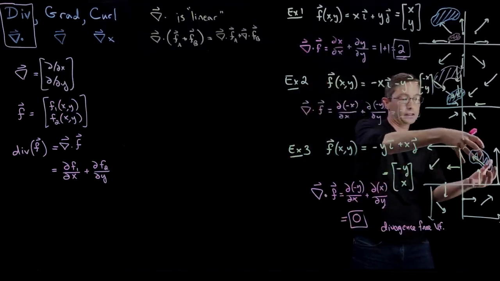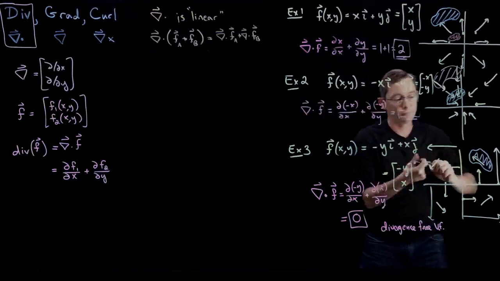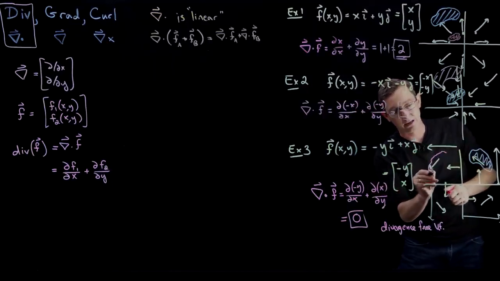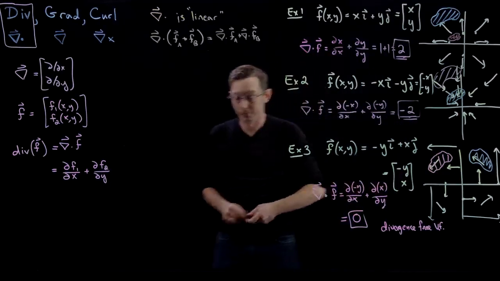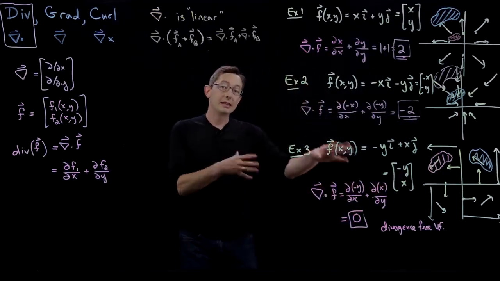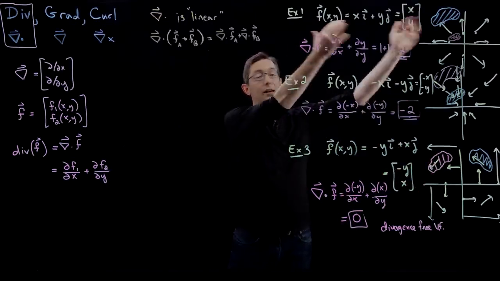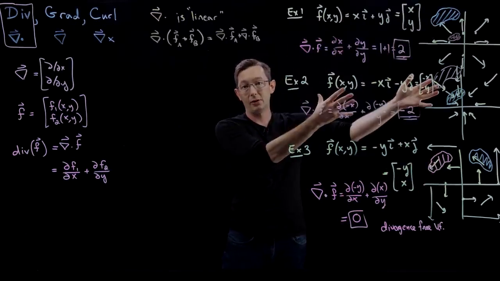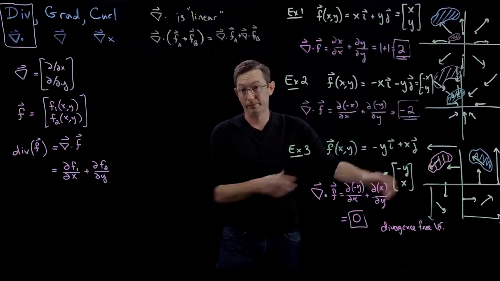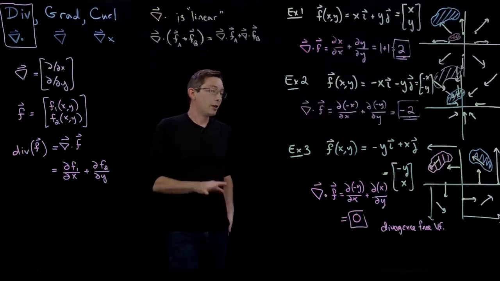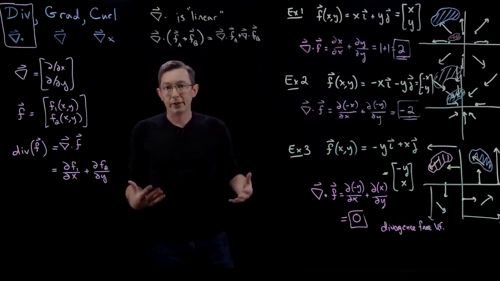This flow literally is a solid body rotation, and after some amount of time, it moves that patch so it stays the same, but rotated over. Okay? And so this is a nice example of a divergence-free vector field. So this one has positive divergence, this one has negative divergence, and this one is divergence free. Okay, good. So those are three examples of the divergence.